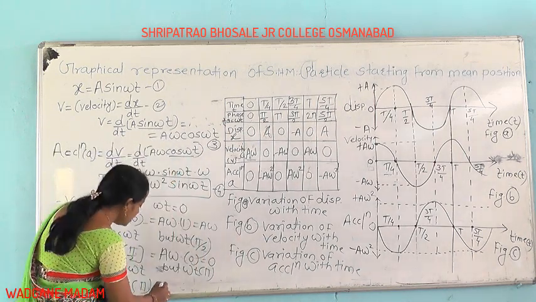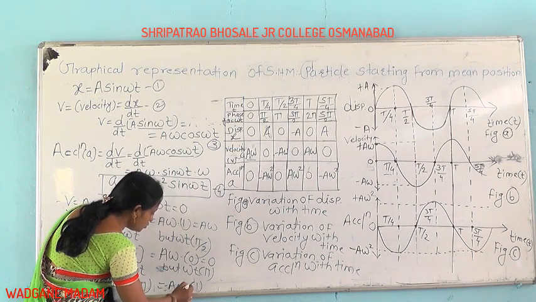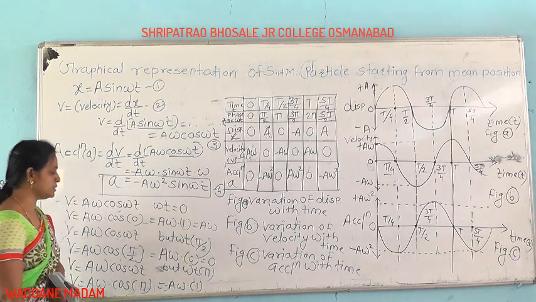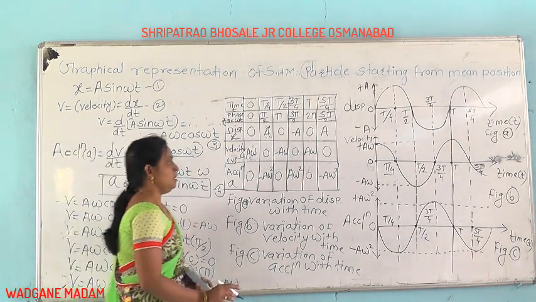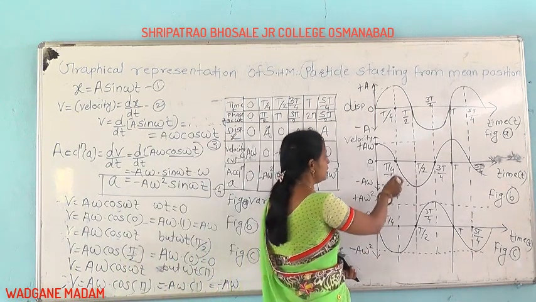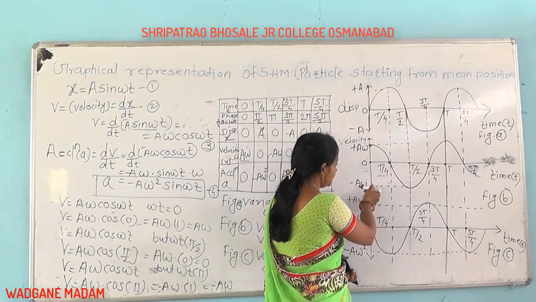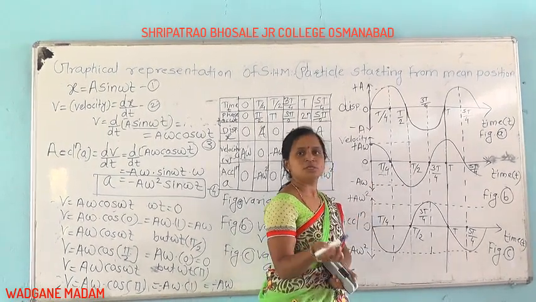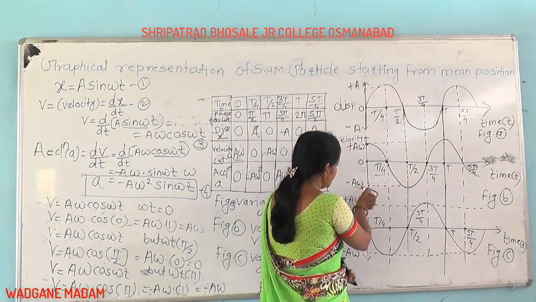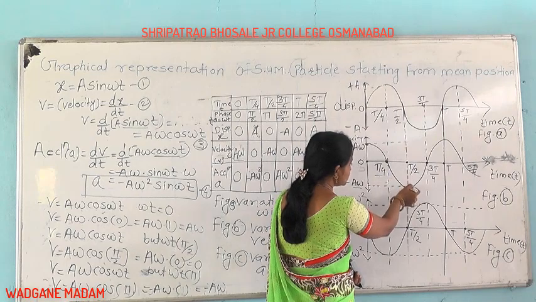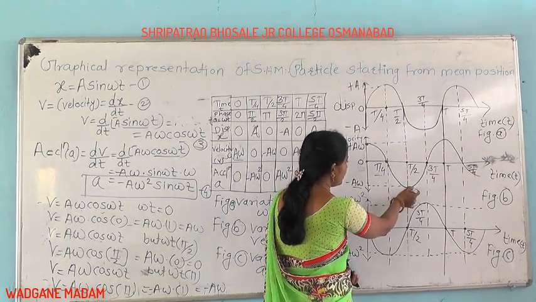Therefore, we get a omega into minus 1, that is minus a omega. Therefore, at this time interval the graph goes toward the negative side, and the velocity is minus a omega.